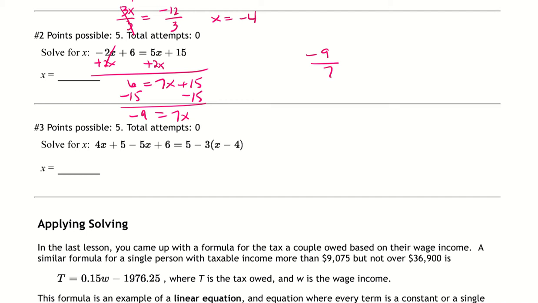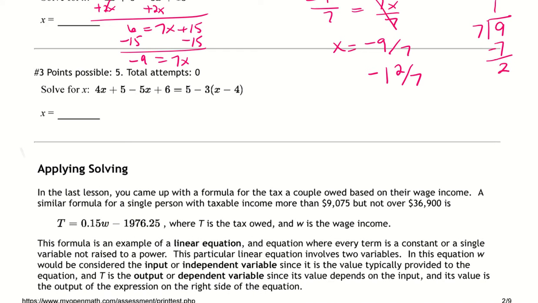And then I need to divide by 7 on both sides to get x alone, to isolate x. Sometimes you might just leave it as a fraction or make it a mixed number. That might help also. So I would divide the 9 by 7 and then rewrite it as negative 1 and 2/7. Check which one your instructor wants.